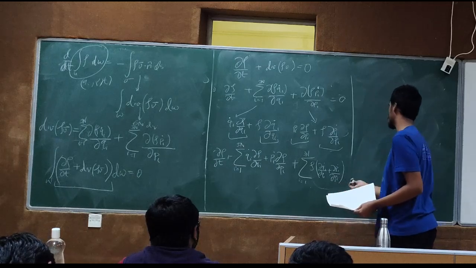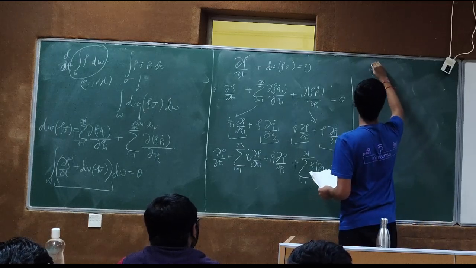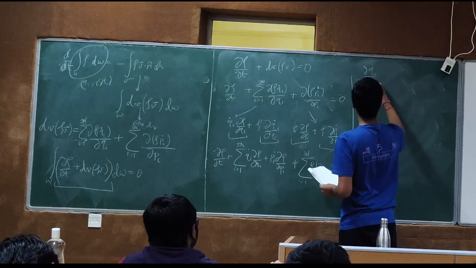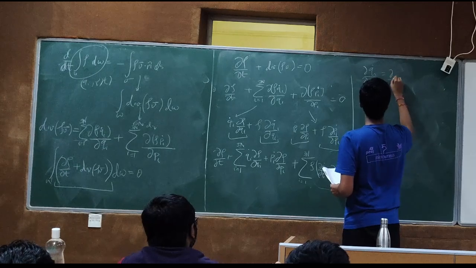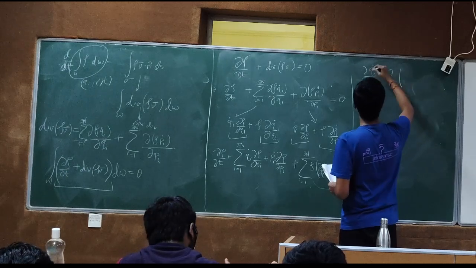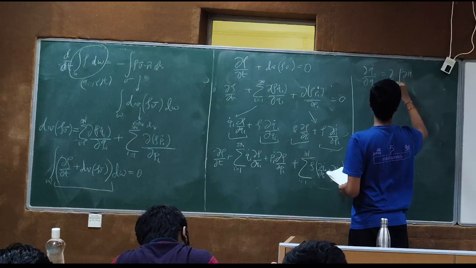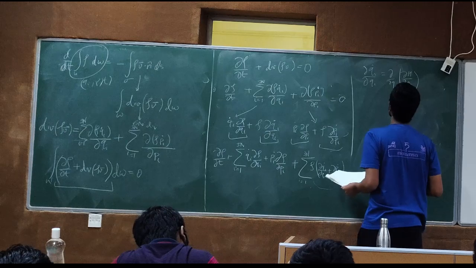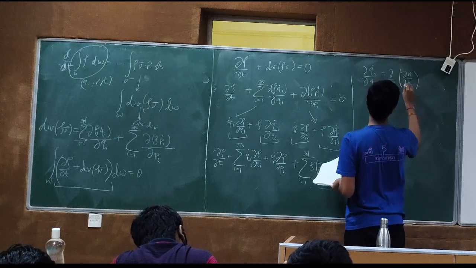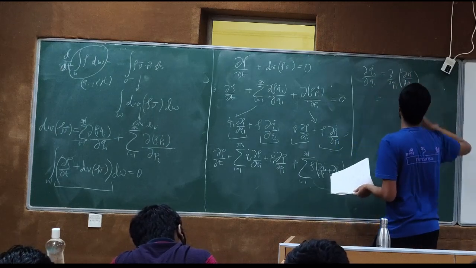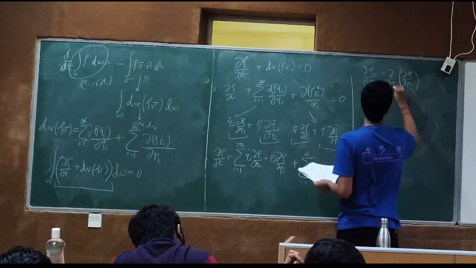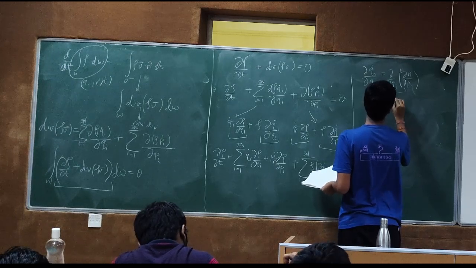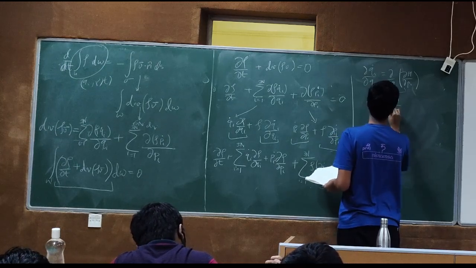Now, if you apply the Hamiltonian equations of motion, Qi dot is equal to del H by del Pi. And since this is continuous and differentiable, you can just write it this way.